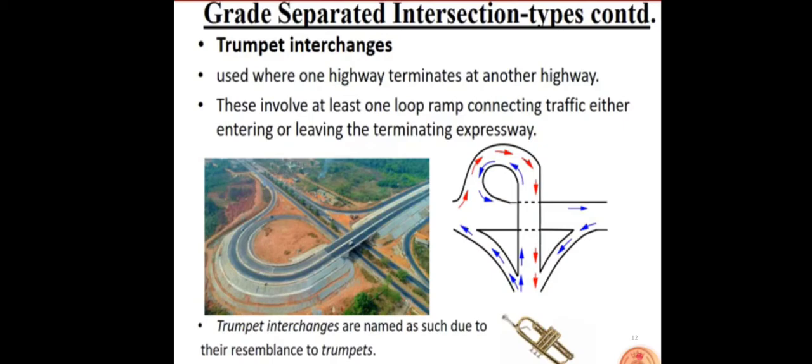Since this resembles a trumpet, this is called a trumpet interchange. Here it involves at least one loop ramp that connects the traffic either entering or leaving the terminating expressway with the far lanes of the continuous highway.